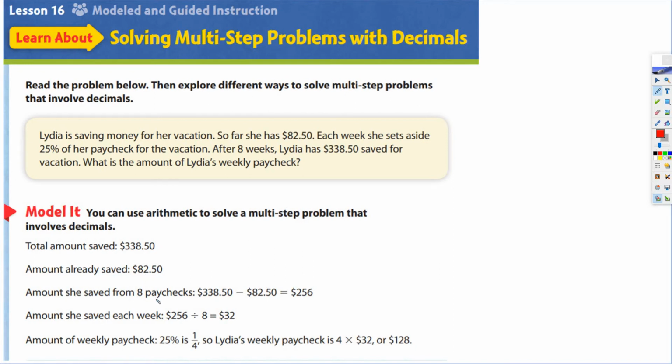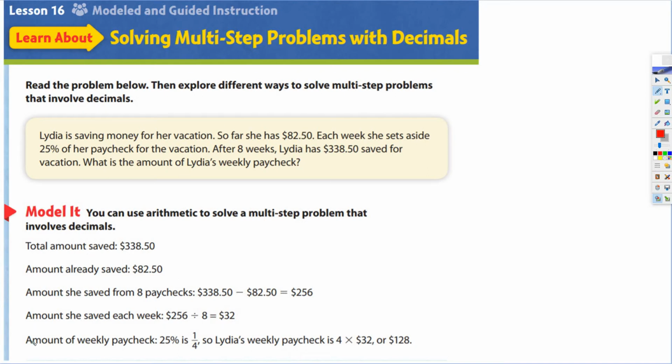So the amount she saved from the 8 paychecks, you take the total amount minus the $82.50 that she's already saved, and now she has $256 that she saved over the 8 weeks. For the amount she saved each week, you take the 256 divided by 8, because that's 8 weeks, and it looks like she saved $32 a week.